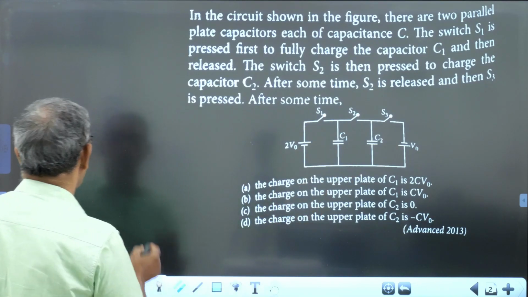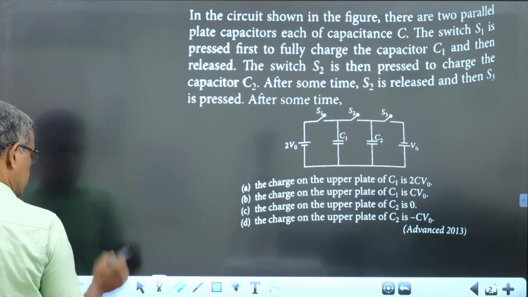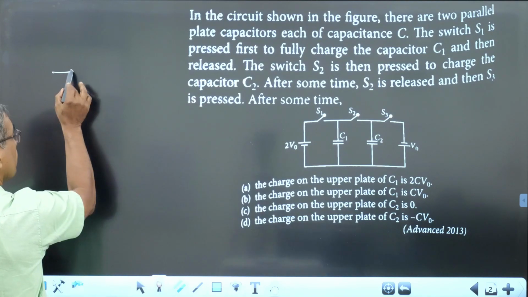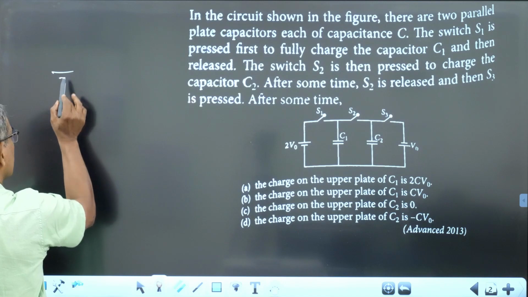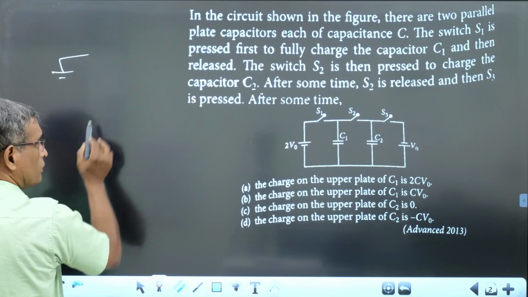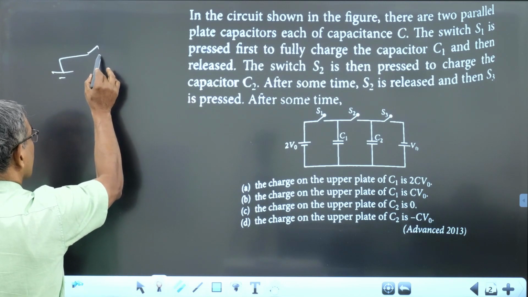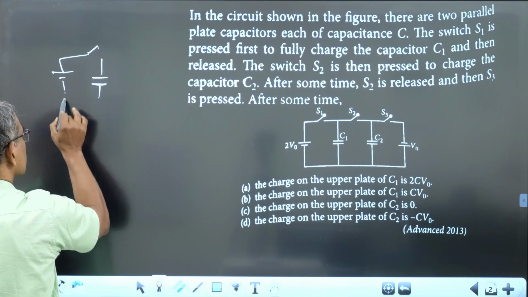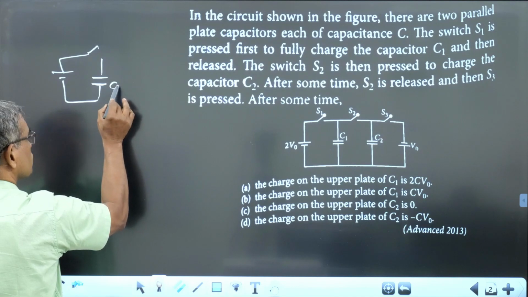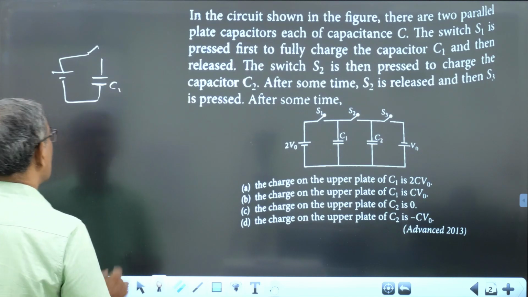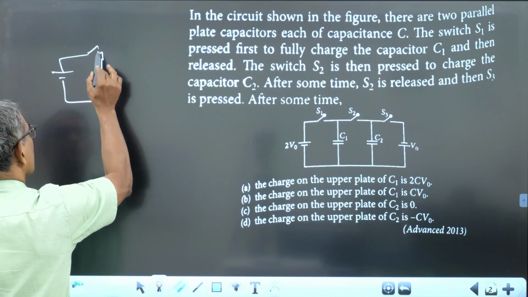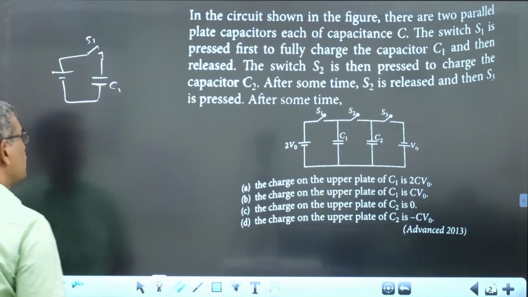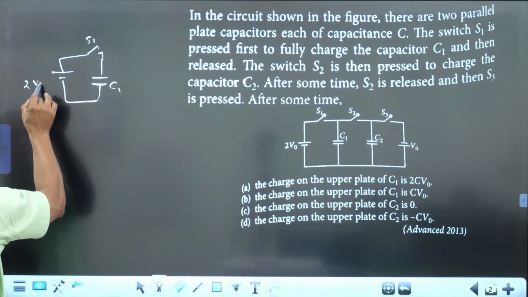We have a cell, a source, with positive polarity and negative polarity, and we are charging capacitance C1 by pressing S1, and its potential is given as V0.